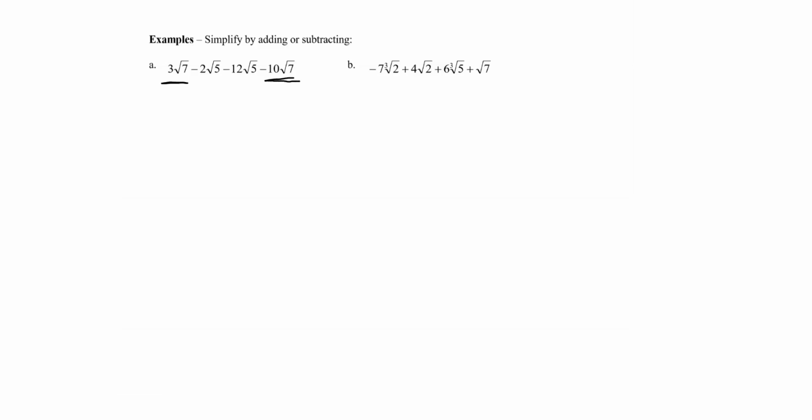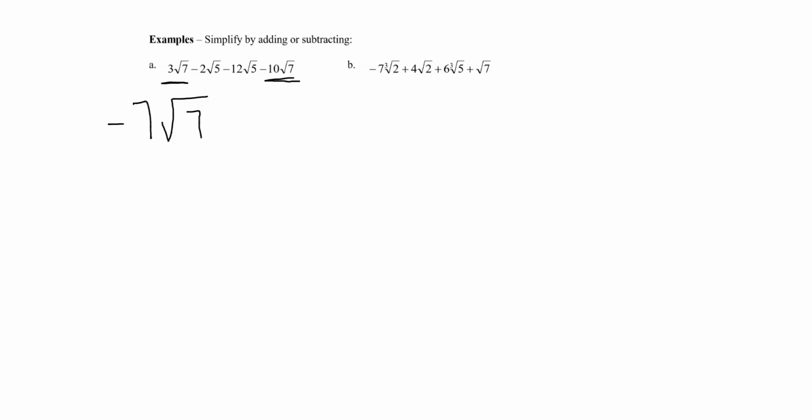So 3 square root 7 minus 10 square root 7 is going to combine to be negative 7 square root 7. All I did was take the number on the outside, the coefficient, and add that together, kept the radicand the same, or the radical.